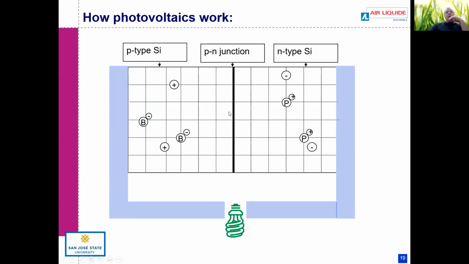And the same is true of the n-type, except in the n-type you substitute, this is a group 3 atom, silicon's group 4, and phosphorus is group 5, and it will have 5 valence electrons. So when it assumes the tetravalency of the lattice, it will dump an electron into the conduction band of the n-type silicon, right? So these are fairly high energy electrons, and these are fairly low energy holes, right?